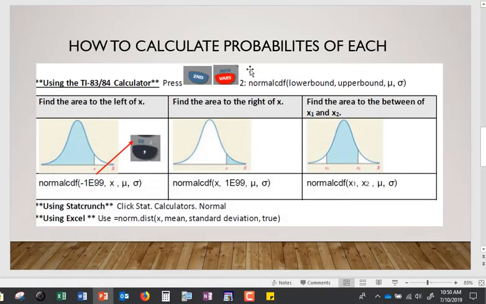There you enter your lower bound, that's the first argument, comma, upper bound, that's your second argument, then your mean, and then your standard deviation.